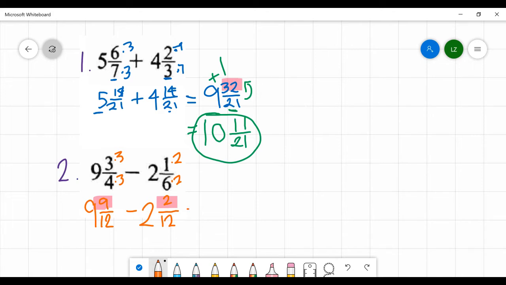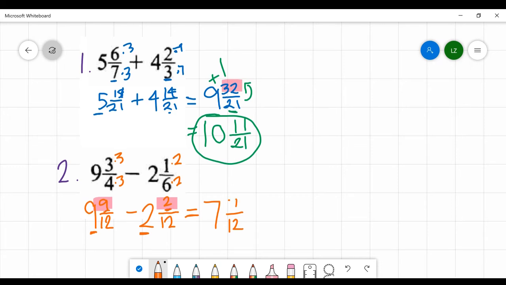So I can subtract my whole numbers first. 9 minus 2 would leave you with 7. And I am going to go ahead and write my common denominator down so I don't forget that. And then 9 minus 2 again leaves you with 7 as your numerator. And we cannot simplify anymore, so we are done. Hope that helps, guys. Bye.